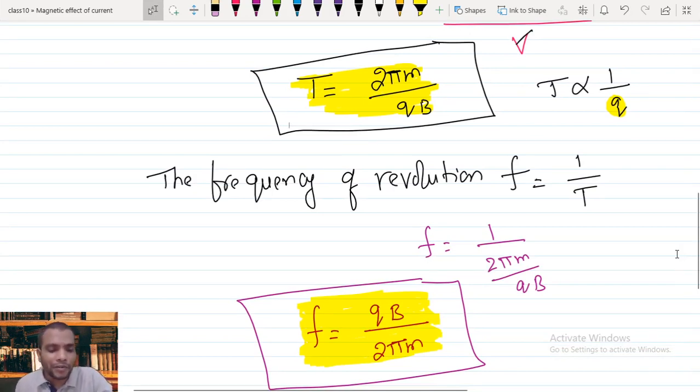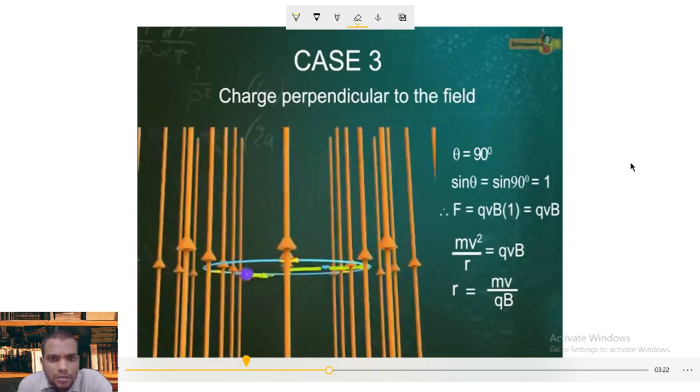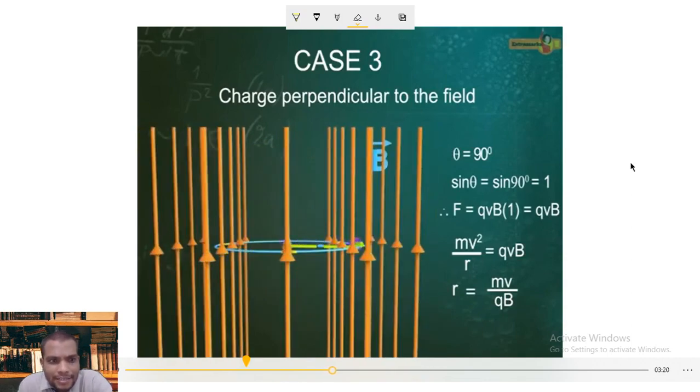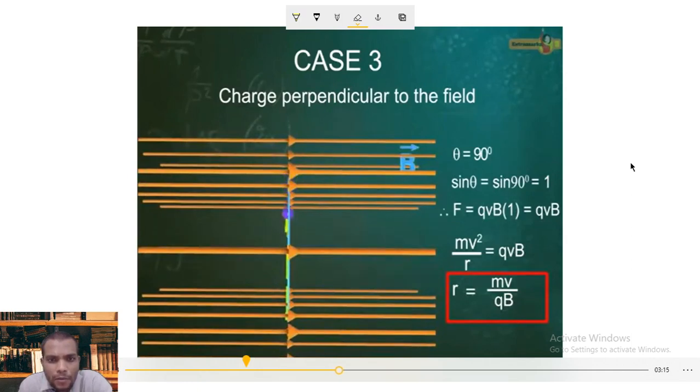Let's try to visualize how the magnitude of charge affects the radius of the circle. The charged particle here moves in a circular path, and the expression for the radius is mv upon qB.